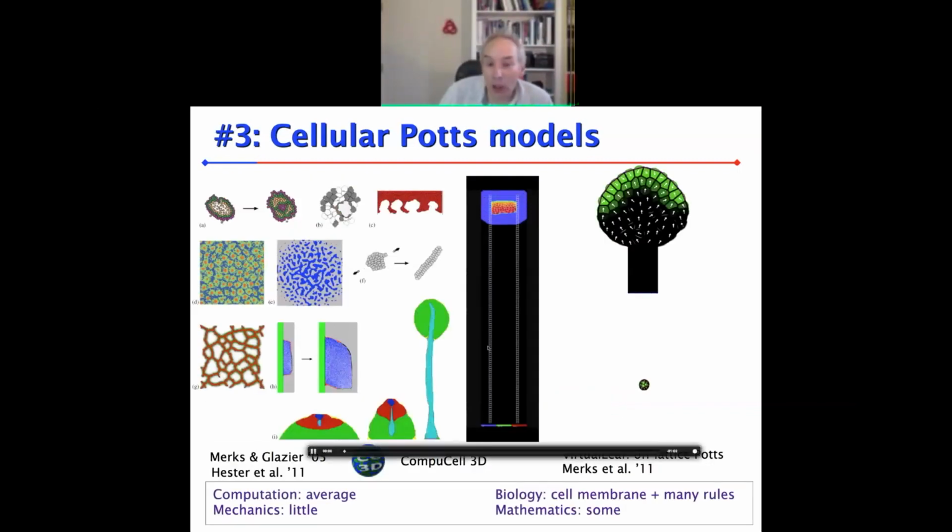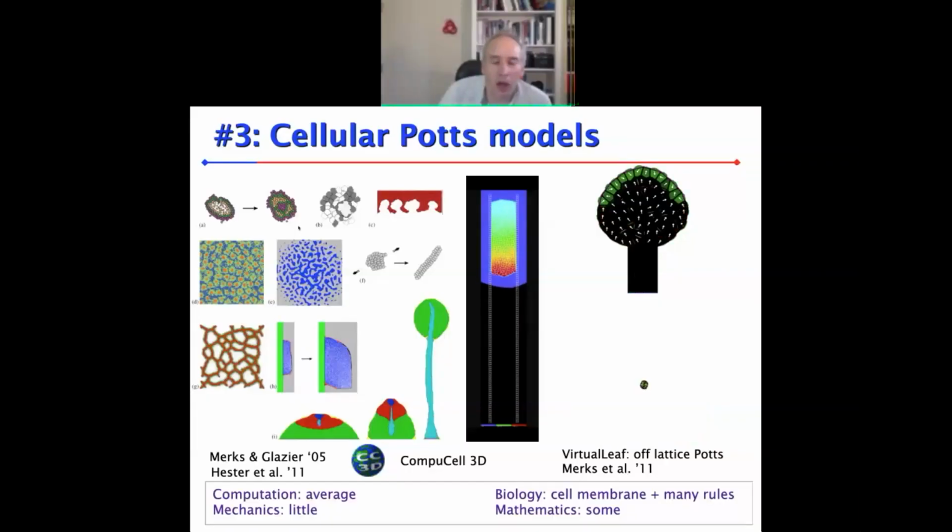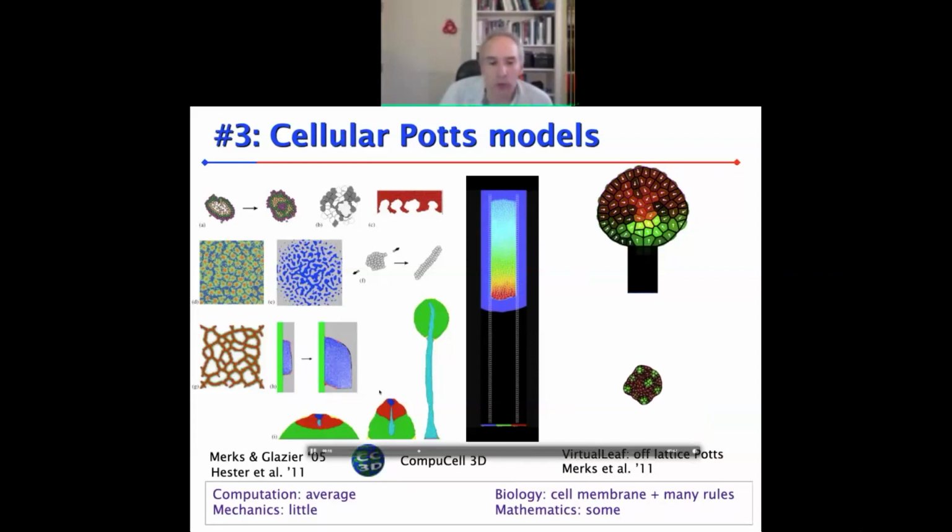And doing so, you can get very interesting types of dynamics, because one of the things you can get, for instance, by this type of dynamics, due to both surface tension and growth, is cell sorting. You have dedicated computer packages like CompuCell 3D that are used for this.